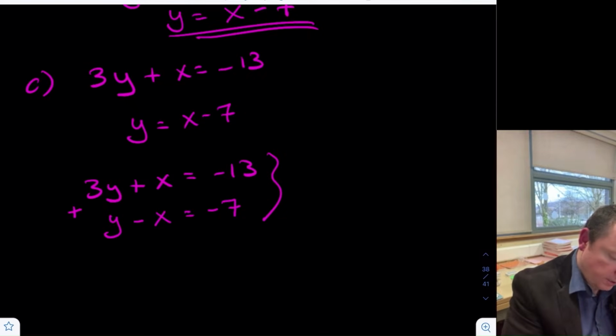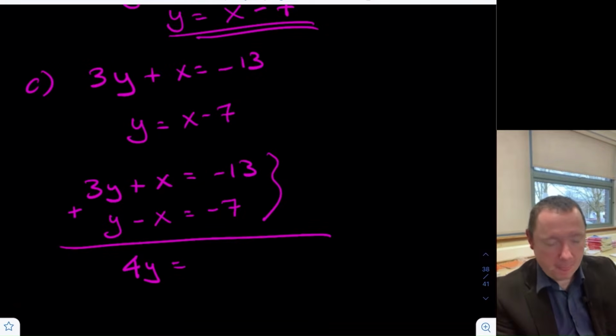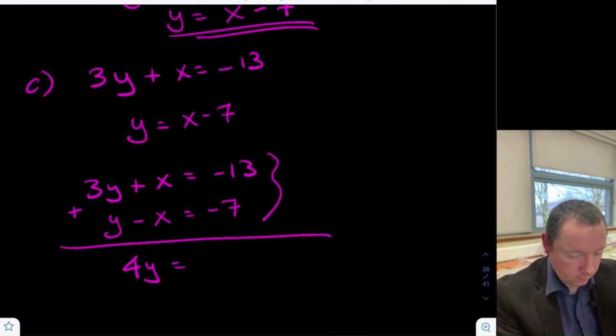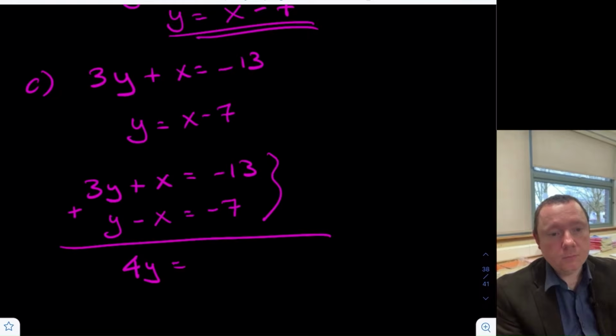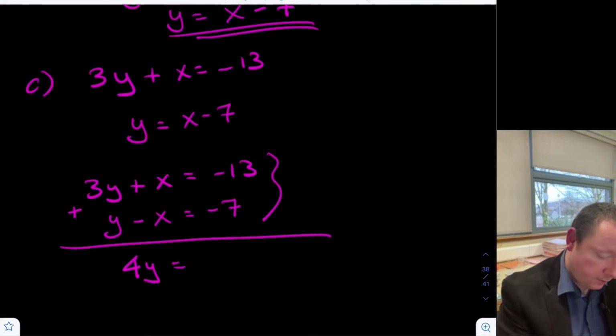We can add them together to get 4y equals -13 minus 7, -20. So y is equal to -5.